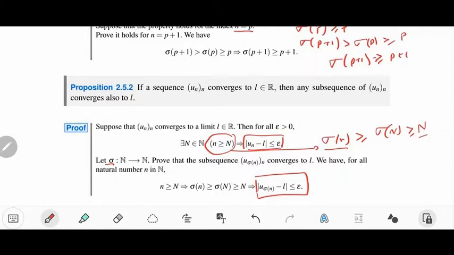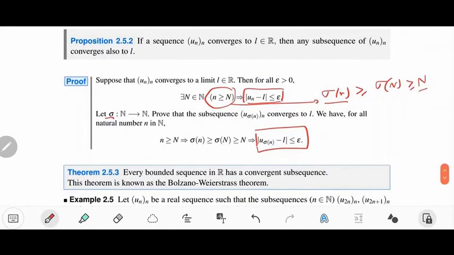Now, of course, if you have a subsequence that is converging to a limit, it doesn't mean that the sequence is converging to a limit. For example, if you take the sequence minus 1 to the power n, it's a non-converging sequence. But if you take the sequence of odd indices, it's a constant sequence equal to minus 1, which is converging to minus 1.